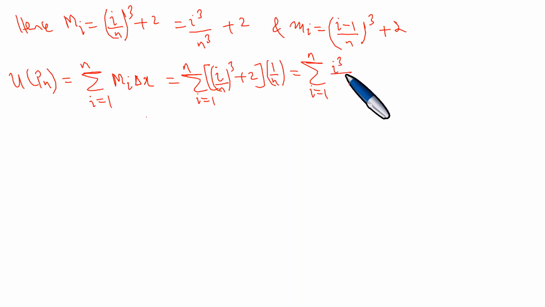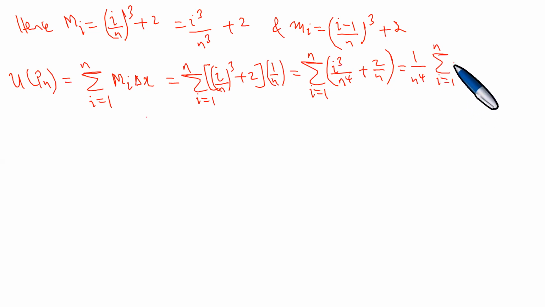So this is i cubed over n to the fourth power, 2 over n. Right, so it is exactly 1 over n to the power 4 times the sum of i cubed, plus, and then you can take out the 2 over n. That's what you get.